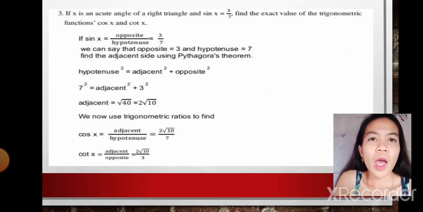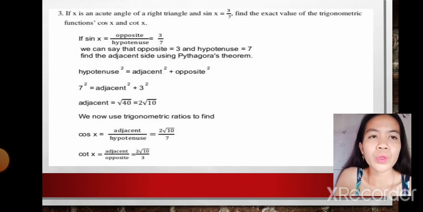So number 3. If x is an acute angle of a right triangle and sin x is equal to 3 over 7, find the exact value of the trigonometric functions cos x and cotangent x. sin x is equal to opposite over hypotenuse, which is equal to 3 over 7. We can say that opposite is 3 and hypotenuse is equal to 7. So find the adjacent side using the Pythagorean theorem.